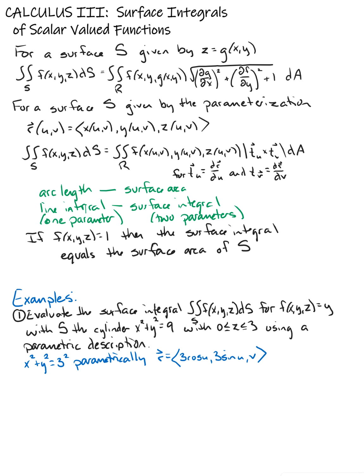Some things to point out about this is that u goes from 0 to 2 pi, and v will go from 0 to 3, and that's based off of this.